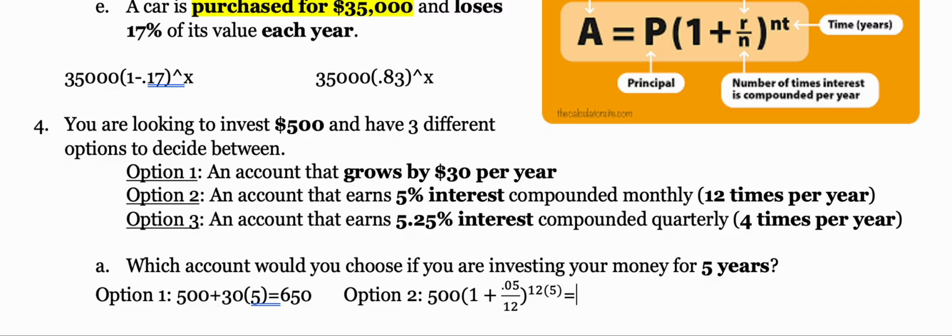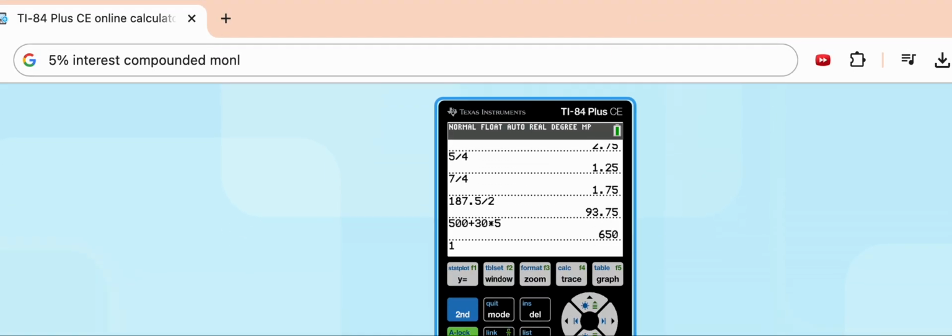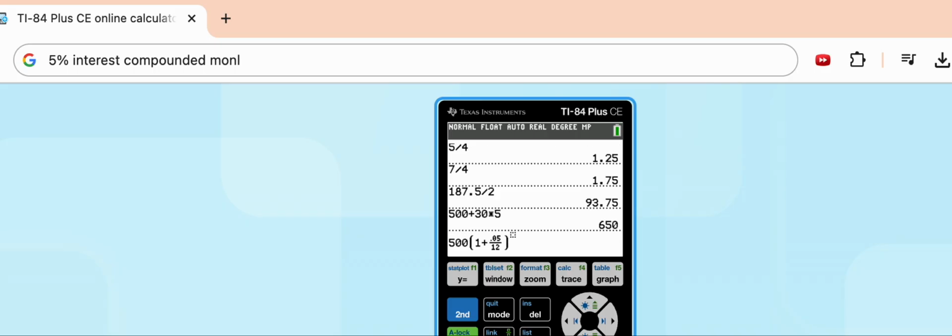So I'm going to take my calculator again and do 500 times 1 plus 0.05 over 12, because it's being compounded 12 times, to the 12 times 5.